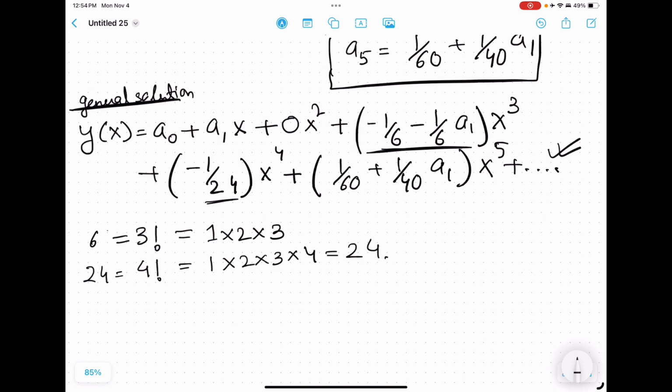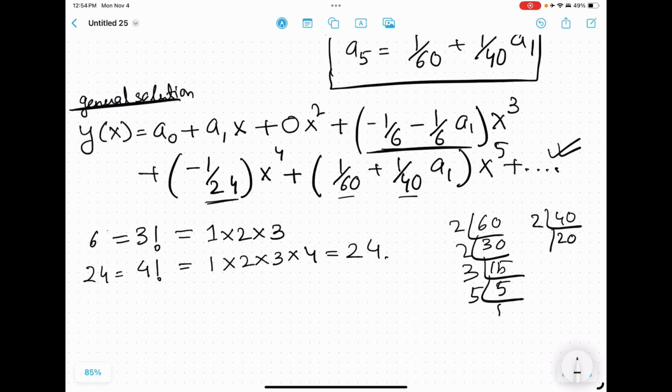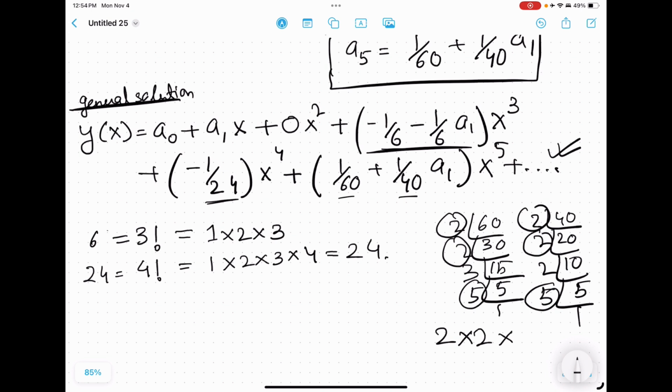Now, if you look over here, you'd see that there are different numbers, right? They have different factorials. But if I try to find their LCM, I have 2 times 2 times 5 times 3 times 2.